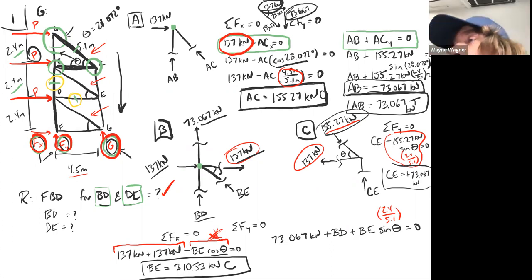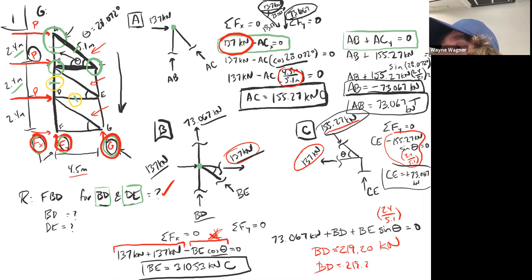So we get BD equals 219.20 kilonewtons. We always have to keep track of our signs here. This is negative, so that means BD equals 219.20 kilonewtons tensile. Oh, sorry, compressive, because, oh no, negative sign, tensile.